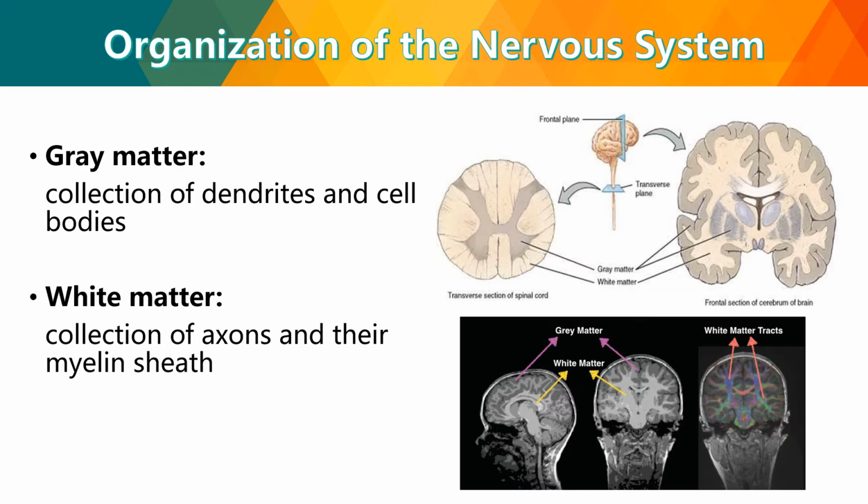Nervous tissue varies in color due to the abundance or absence of myelinated axons. So nervous tissue exists as gray matter and white matter. The gray matter consists of groups of neuron cell bodies and their dendrites, where there is very little myelin. On the other hand, white matter consists of bundles of parallel axons with their myelin sheaths, which are whitish in color.